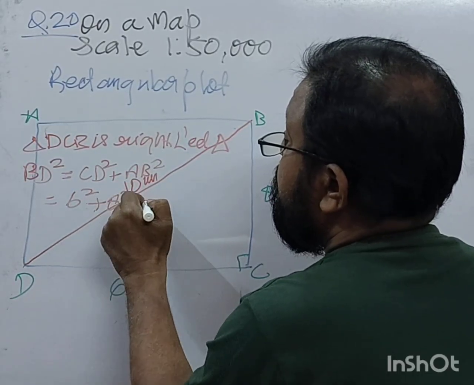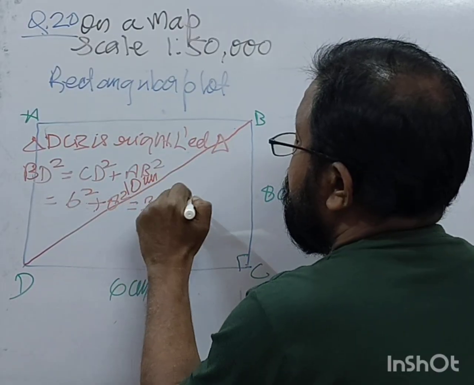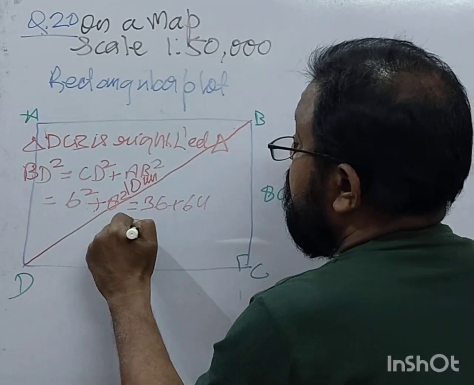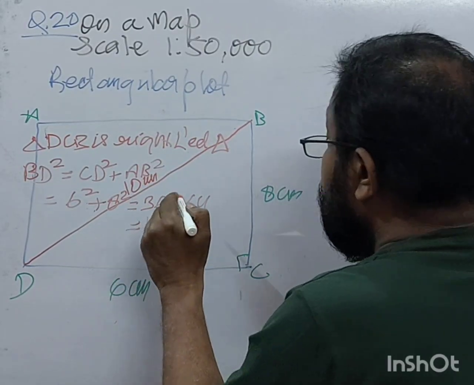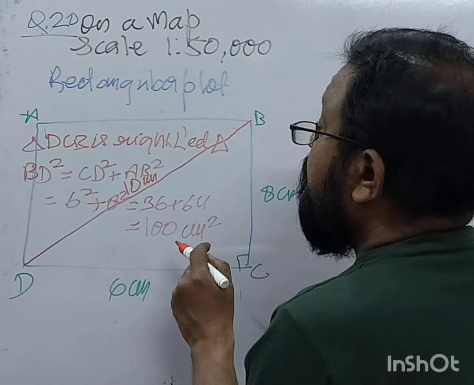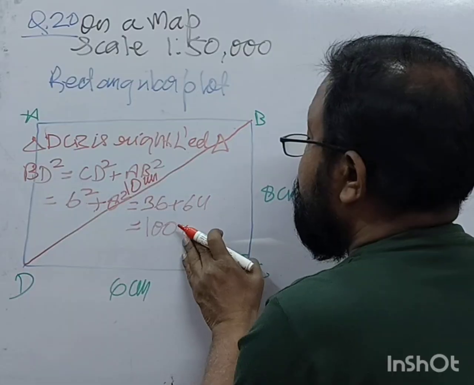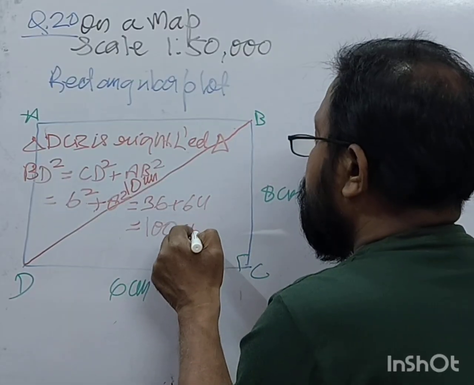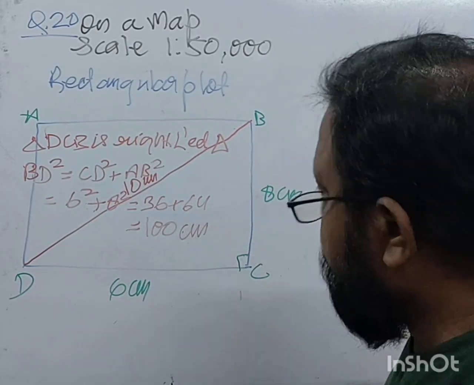So it becomes 36 plus 64 is equal to 100 centimeter square. Sorry, it is 100 centimeter square, right?